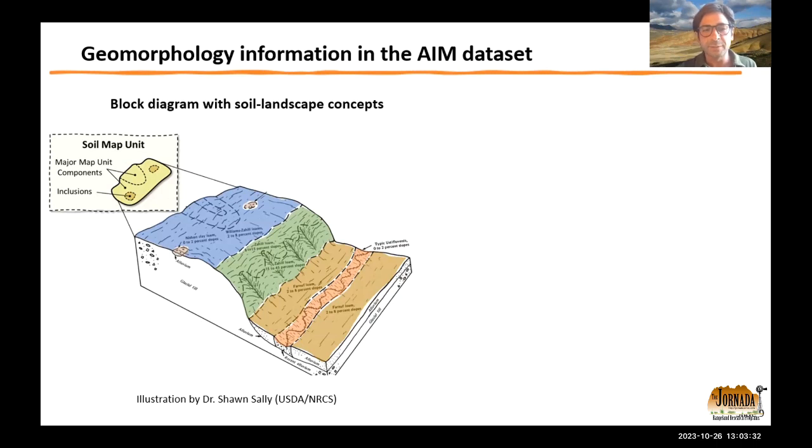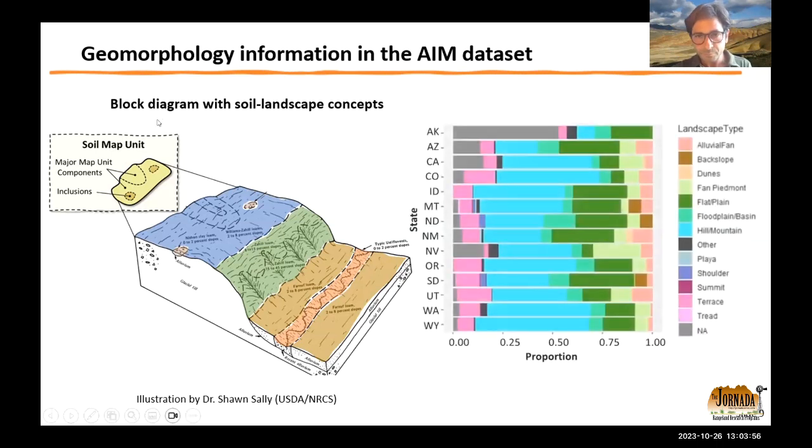This block diagram helps soil surveyors figure out where the soils occur across the landscape and draw map units. And we know that within a map unit, we can have several soil components, so slightly different types of soils that occur inside the same map unit. And the soil components are directly connected to ecological sites.